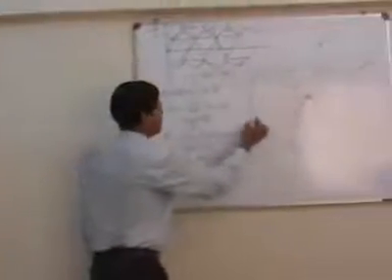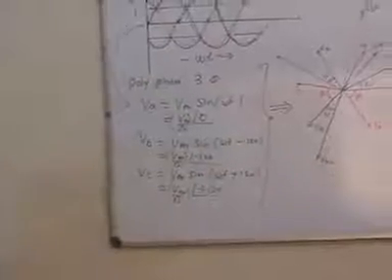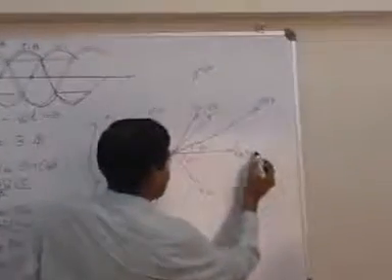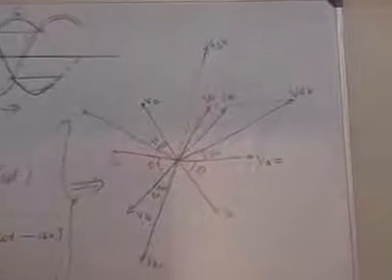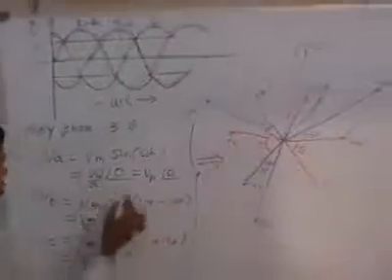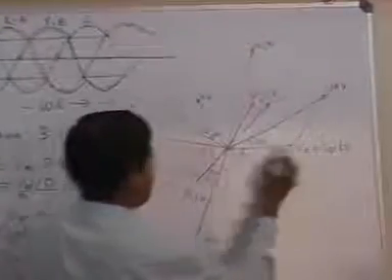These three-phase voltages are represented here in this phasor diagram. As you can see, VA is equal to Vm by root 2, which can be called V angle 0. This Vm by root 2 is termed as Vp. So Vp angle 0 is the VA voltage.